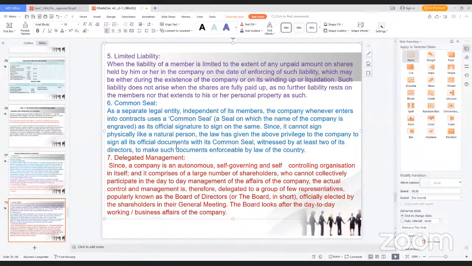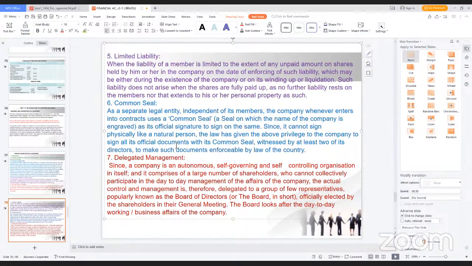And next is delegated management. In this, the company is autonomous, with its own rules and regulations. It is a self-governing, self-controlling organization in itself. Means they will not allow other people to come and govern or control their organization.